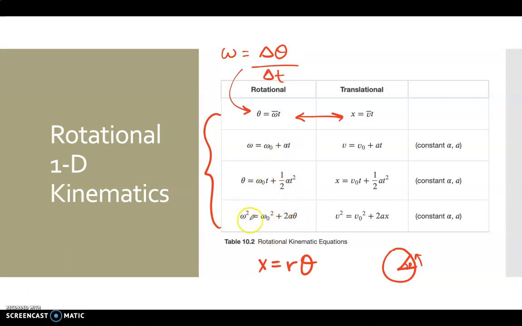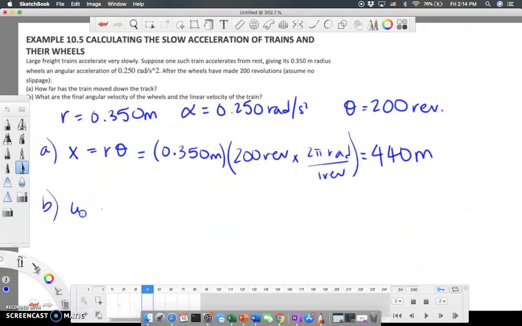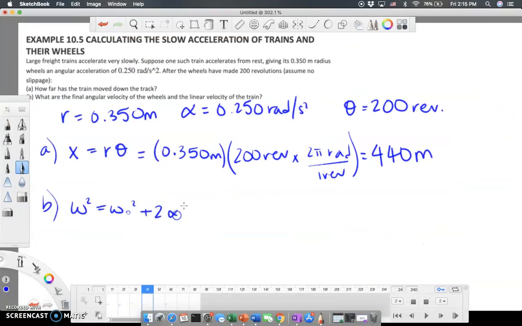We're going to say omega squared equals omega naught squared plus 2 alpha theta.